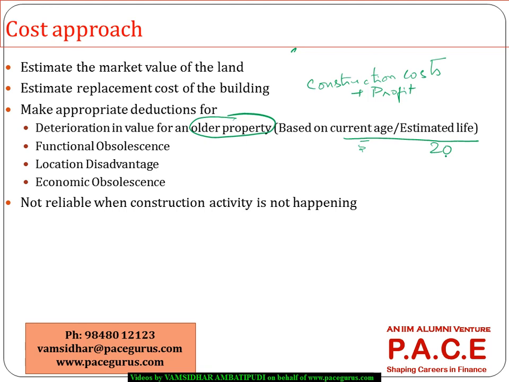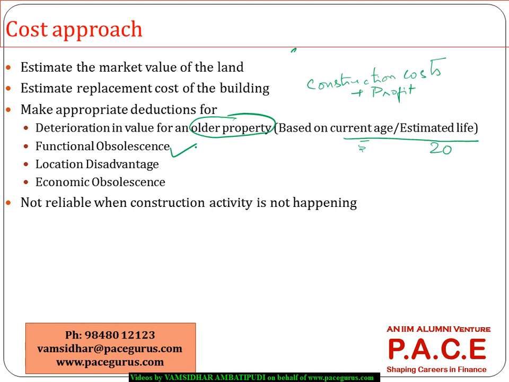Because of that, there may be a compromise on the rental values, there may be a loss in the rental value because of the design being outdated. So you have to make appropriate deduction for functional obsolescence.